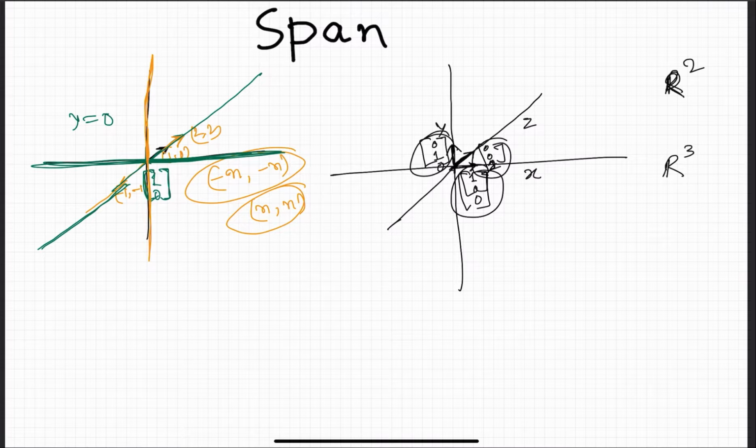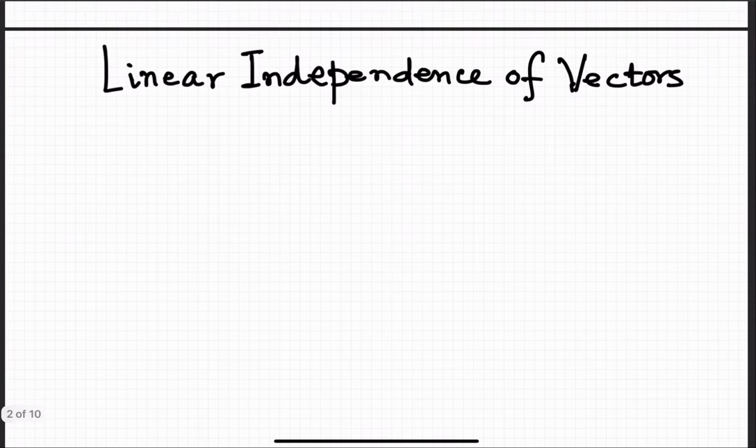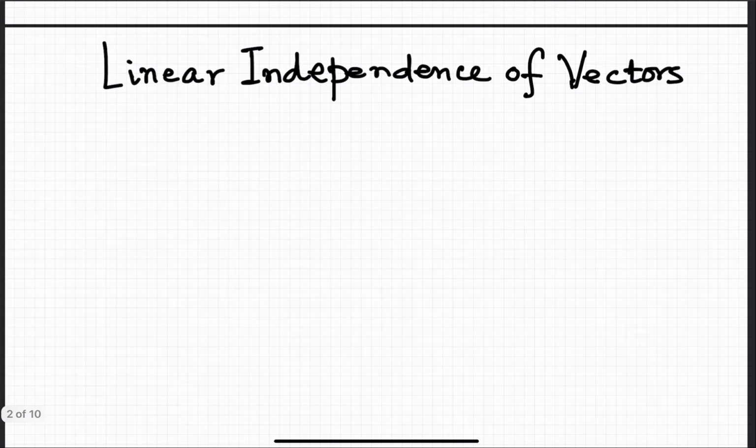Now we will go to the next topic, that is linear independence of vectors. Now what is linear independence of vectors? In a two-dimensional case, if we have an angle between two vectors which is not zero, then those two vectors are linearly independent.